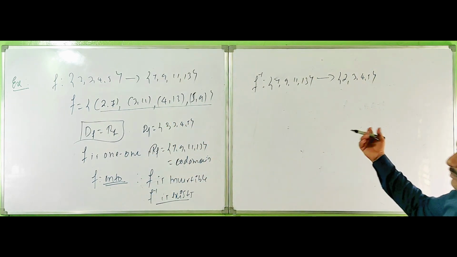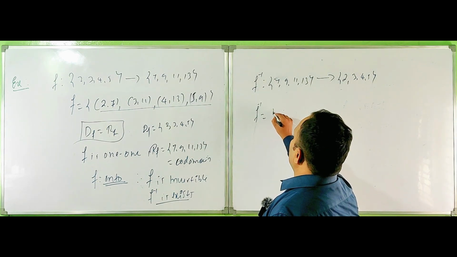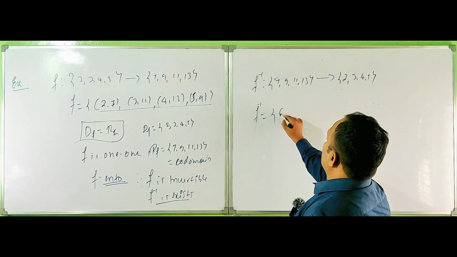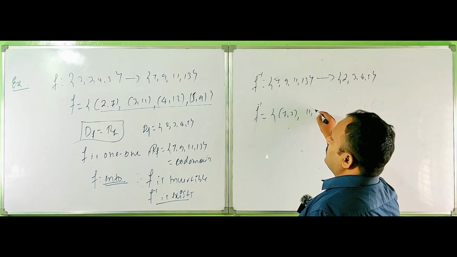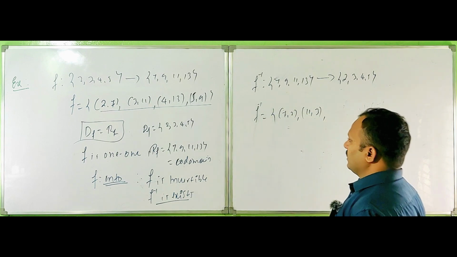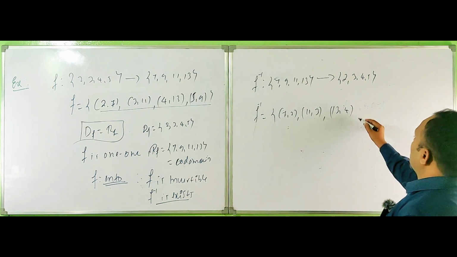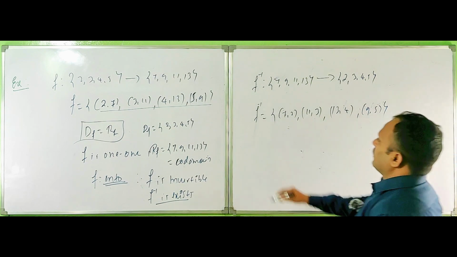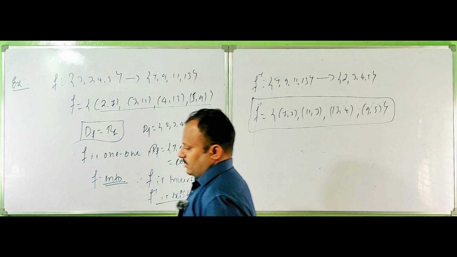This is like (A, B) and (B, A), so ordered pairs. Therefore, F inverse is the reverse of the elements: (7, 2), (11, 3), (13, 4), and (9, 5). This is the simplest and easiest question in this set.